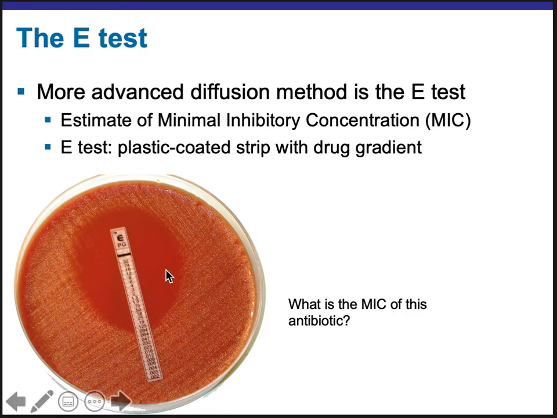Now in this plate it's red, so you're looking specifically at a plate where 5% sheep's blood has been added. So you're testing for something like one of those strep, group A strep bacteria. And this is usually in micrograms per mL for the drug concentration.